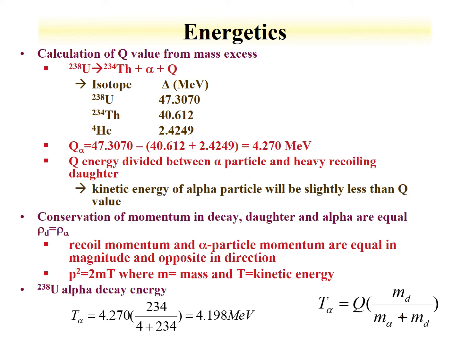We can see that the Q value is 4.27 MeV. Then we can plug this into our equation here to calculate the alpha decay energy from the Q value. We see that the Q value is 4.27 and our alpha decay energy is 4.198 MeV.